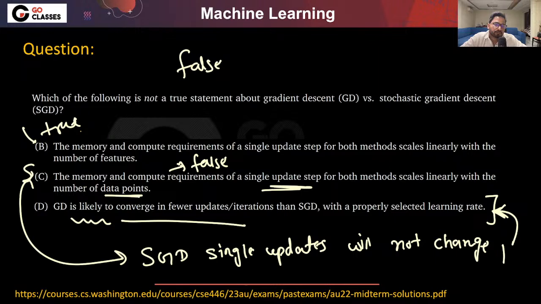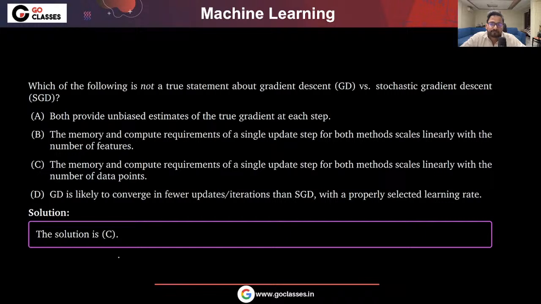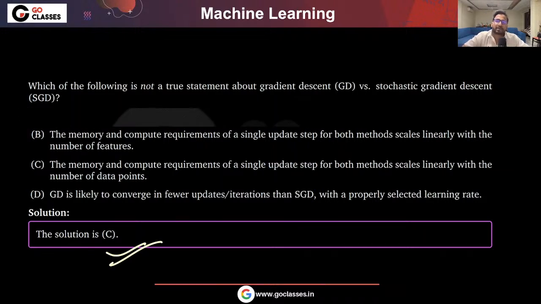Gradient descent updates are stable. That is why it is true. So these two are true. C is the only option which is false. Let's not worry about A because it is not that easy to discuss. This is related to the unbiased estimator. I hope you understood.